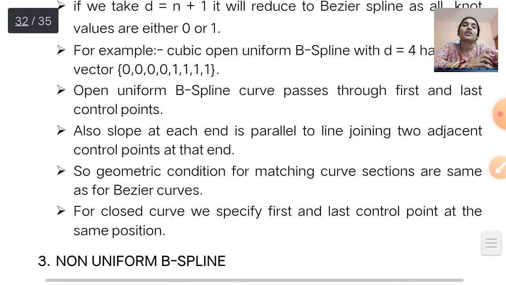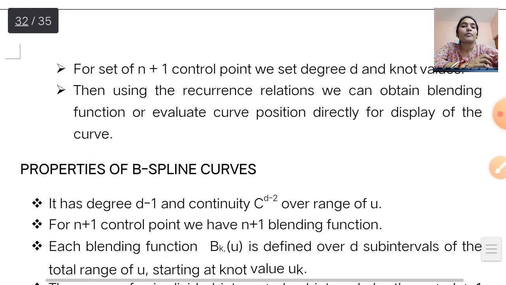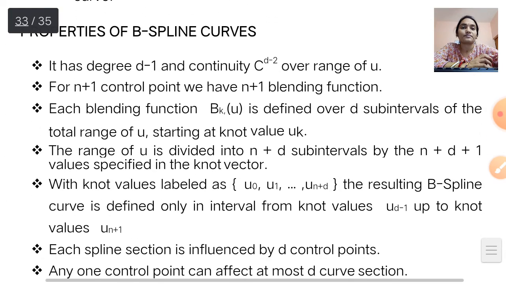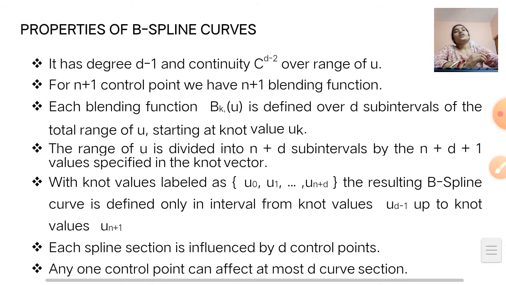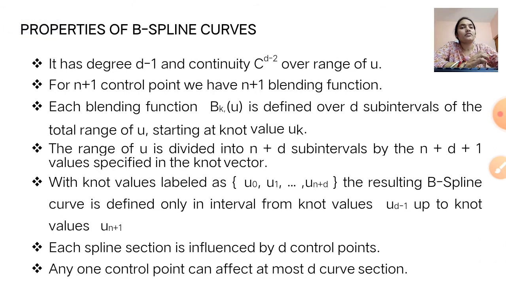Next we discuss properties of B-spline curves. There are some different properties. First, it has degree d minus 1 and continuity d minus 2 over the range of u. For n plus 1 control points we have n plus 1 blending functions.